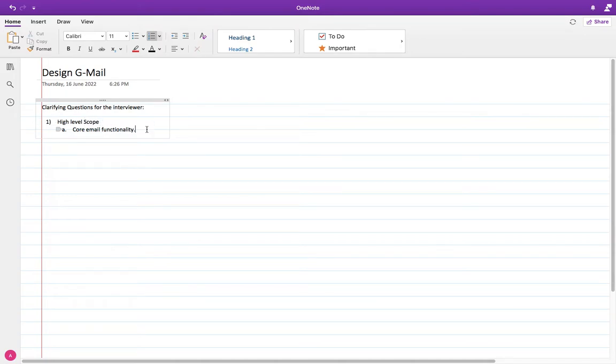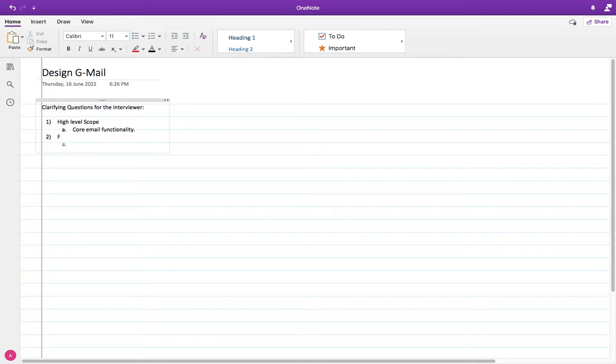right? Now let's narrow down the problem a little bit further. Let's reduce the scope a little bit further. Now we know we want to build an email application, just the core email functionality like Gmail. Now, what do you see when you open your Gmail application? You see a lot of functionalities there.